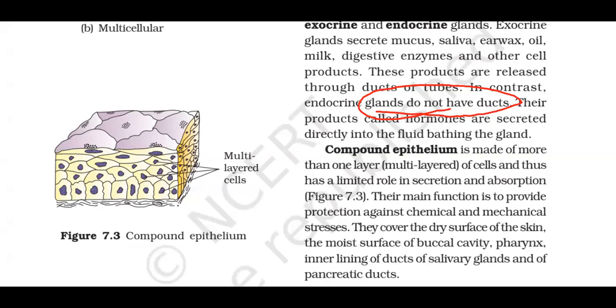Through the blood these hormones will reach respective target organs.